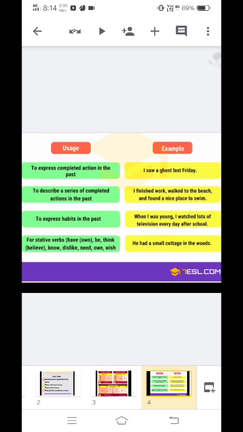To express habits in the past: when I was young, I watched lots of television every day after school. For stative verbs: have, own, be, think, believe, know, dislike, need, owe, wish, like that we use. Like he had a small cottage in the woods. Okay, like that.